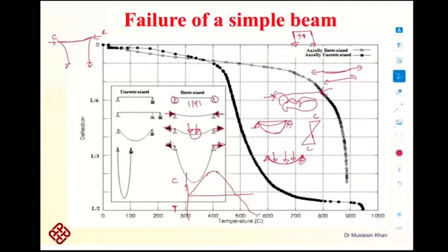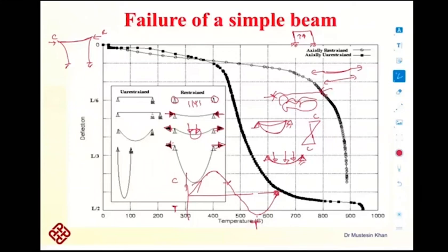And finally, when the material properties has reduced so much that it does not even take care of that load under the tension, it also starts to reduce. And at this point, we consider that the beam has failed. First, the compression would increase, then the compression would decrease and change to tension. And finally, this tension would also not be enough to carry that load. And at that point, we consider that the beam has failed.